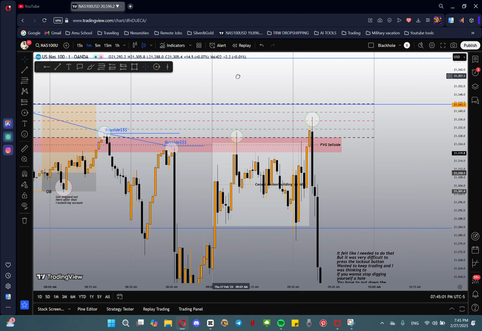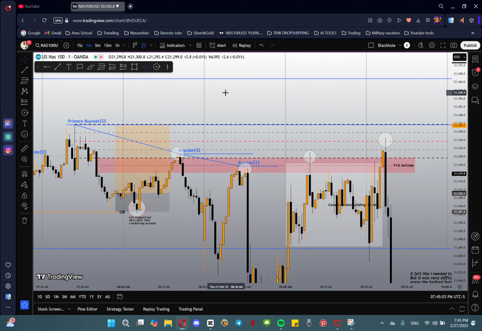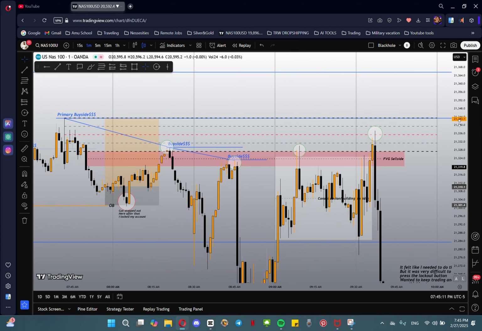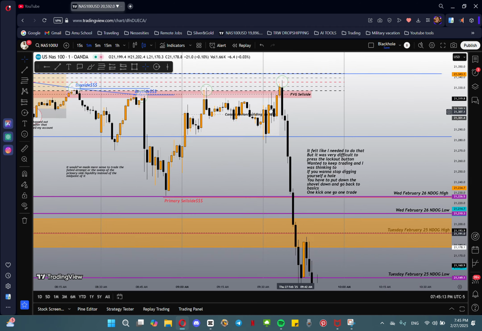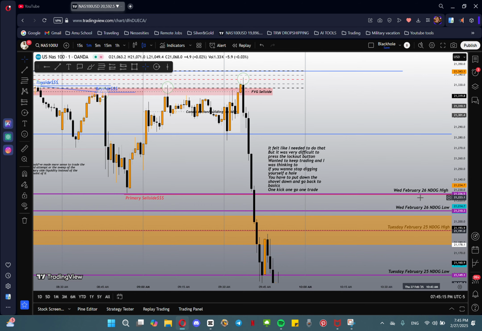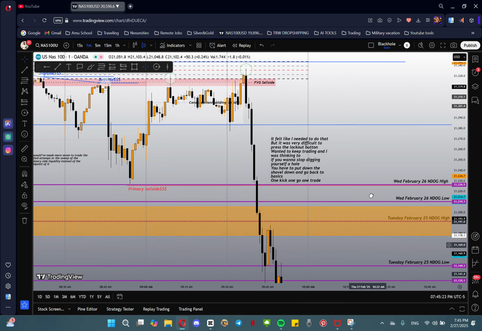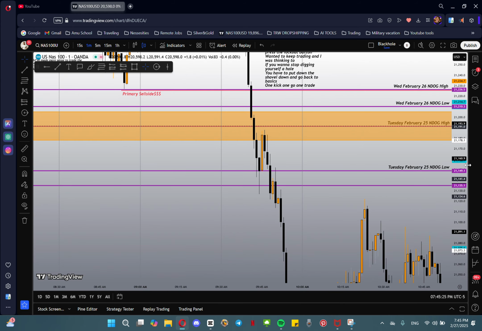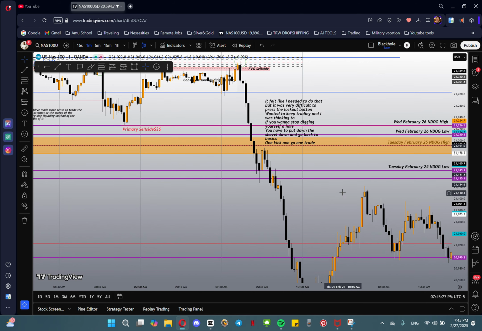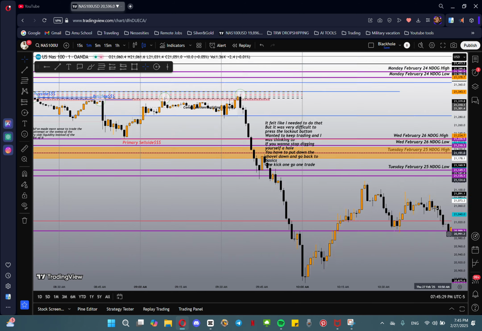If we knew from failed attempt 3 that price is not going any higher than that, not even the primary buy side liquidity, we should be looking at the next magnet that's close by, which was Wednesday, February 26th, the new day opening gap high, low, and then we got 25th, Tuesday, and whoever else is down here, and other targets too that it could potentially hit.